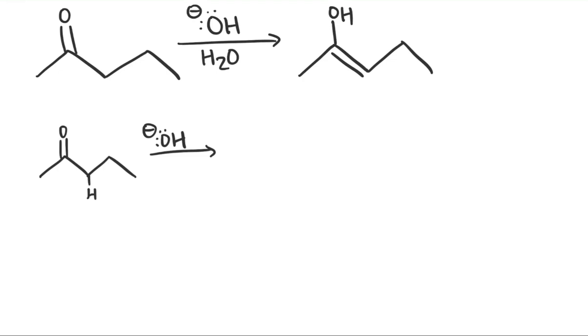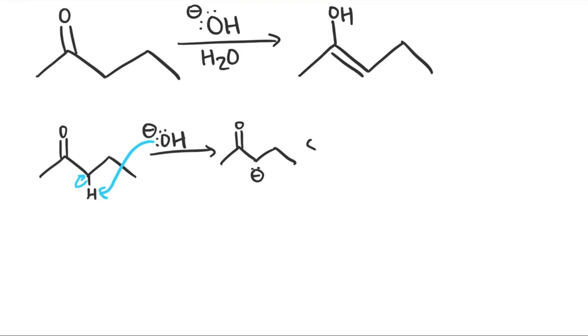So in our first step, oxygen is going to come in, grab that hydrogen, and those electrons from the carbon-hydrogen bond are going to go just onto that carbon, leaving us with a lone pair and a negative charge. It's kind of hard to see. Lone pair and a negative charge on that carbon.